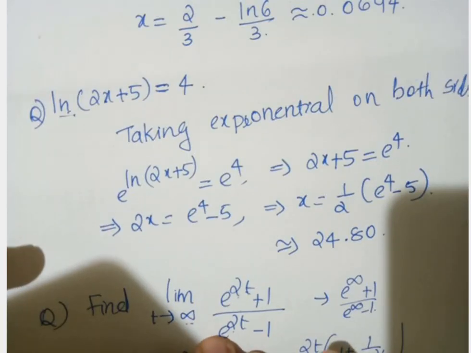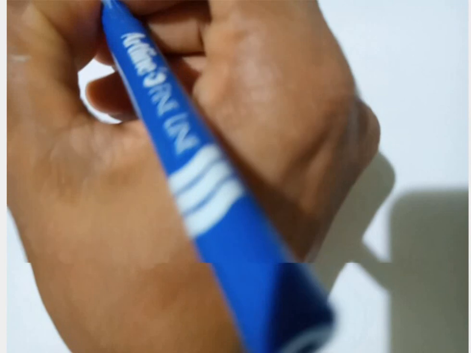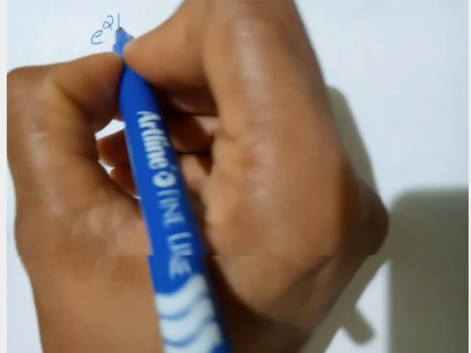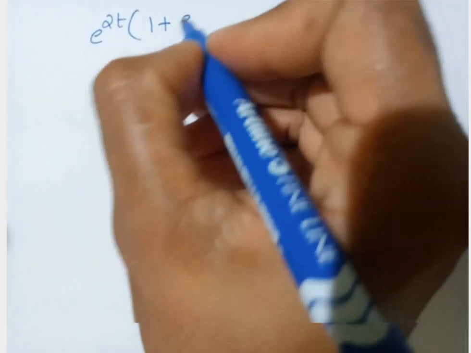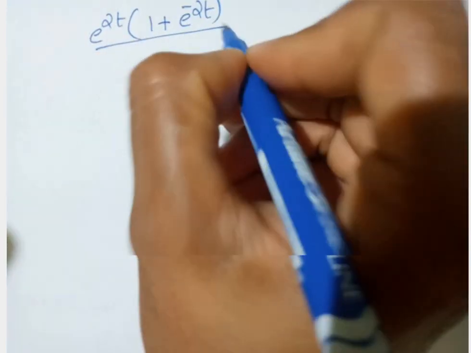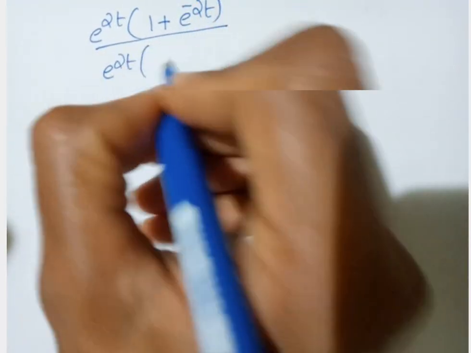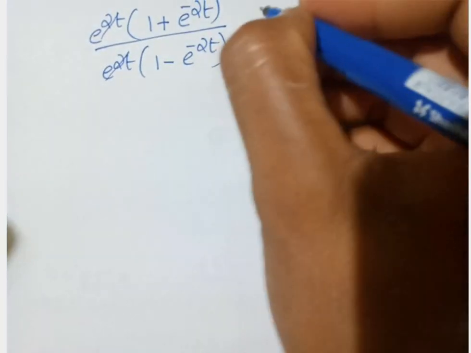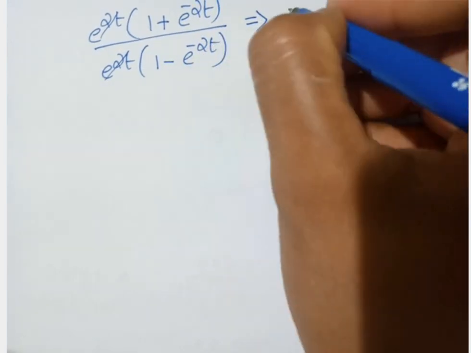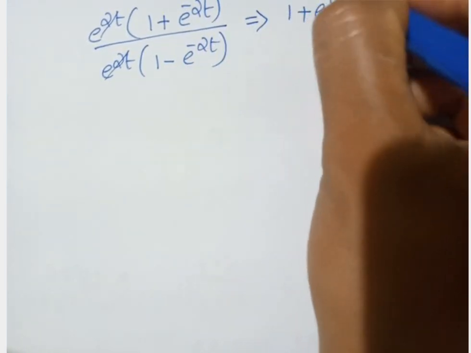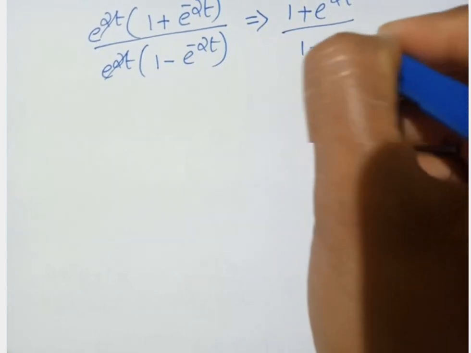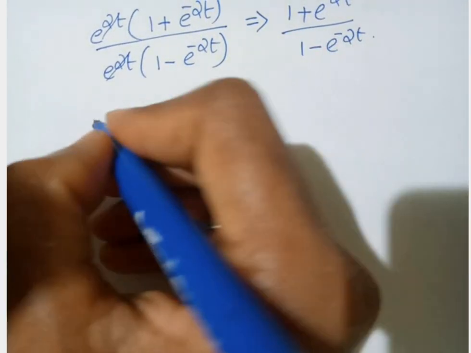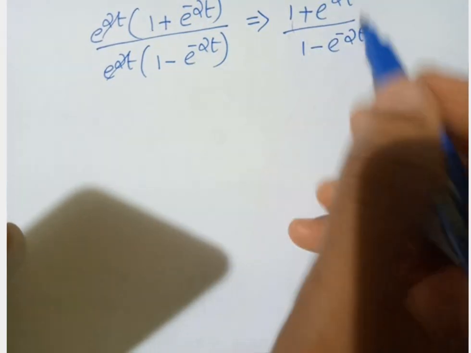So I have taken e raised to 2t on both sides, that is, e raised to 2t into (1 plus e raised to minus 2t) divided by e raised to 2t into (1 minus e raised to minus 2t). The e raised to 2t gets cancelled, which implies (1 plus e raised to minus 2t) divided by (1 minus e raised to minus 2t). So the function is changed in this way.